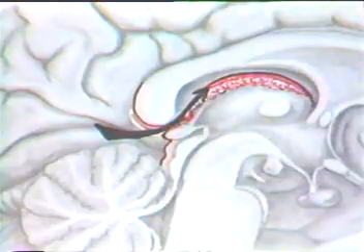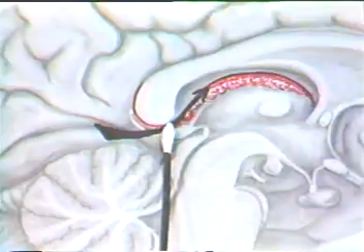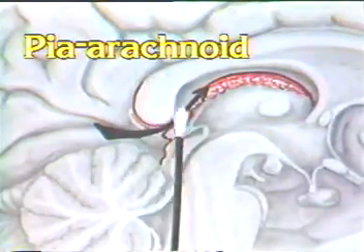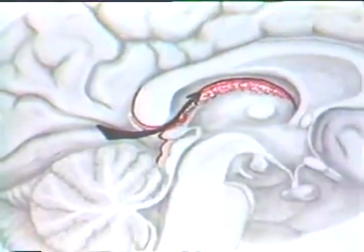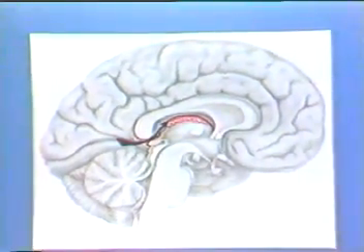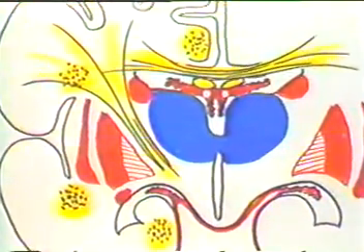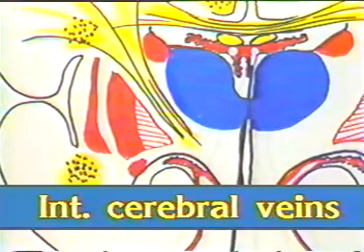Where the transverse fissure opens up caudally, tela choroidea will be in continuity with the pia arachnoid on the external surface of the brain. Let's return to the cross-section. The two major structures within the tela choroidea are the two internal cerebral veins, colored white.